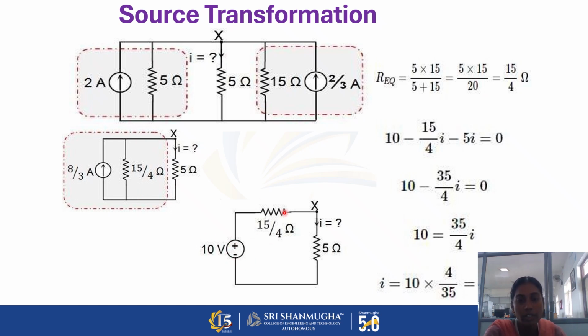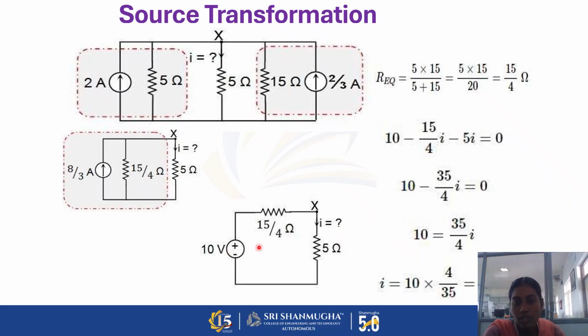Here the 8 by 3 ampere current source is converted into a voltage source. That means we have to multiply the current value and the resistance value. So finally we get the voltage value of 10 volts. The same resistance which was connected in parallel is replaced in series connection.